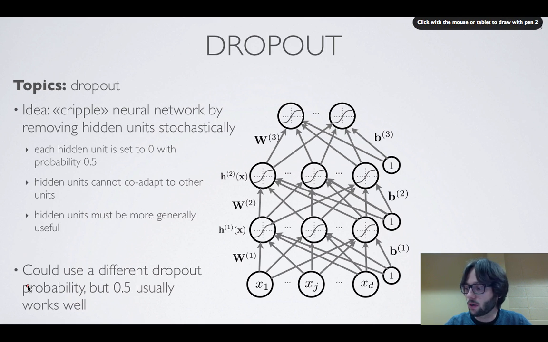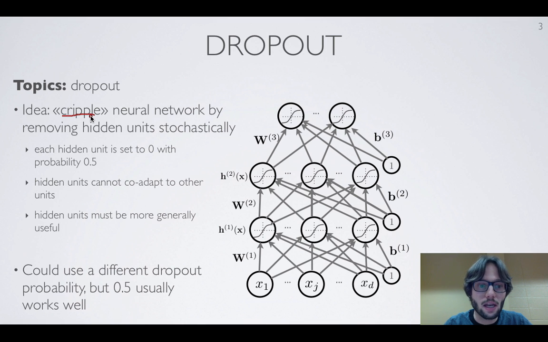For dropout, we're in a sense going to cripple the neural network while it's training by removing hidden units stochastically. In the basic version of dropout, for each hidden unit, once we've computed it, we also independently set it to 0, so essentially throw away the actual value the hidden unit had by multiplying it by 0, with a probability of 0.5.